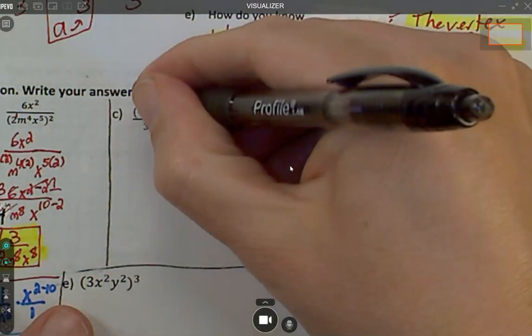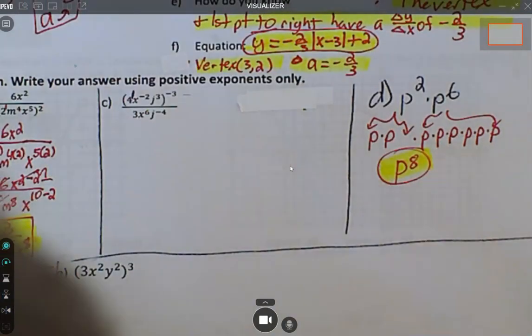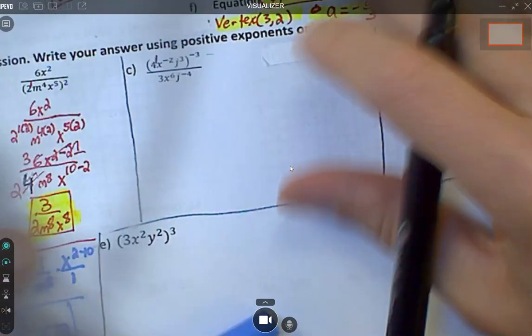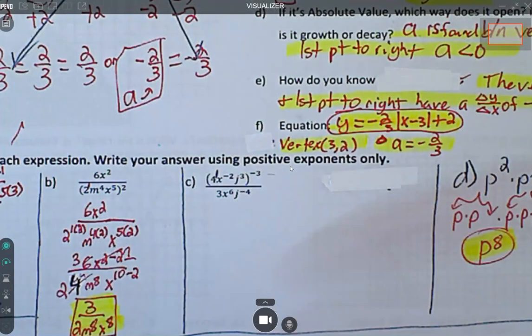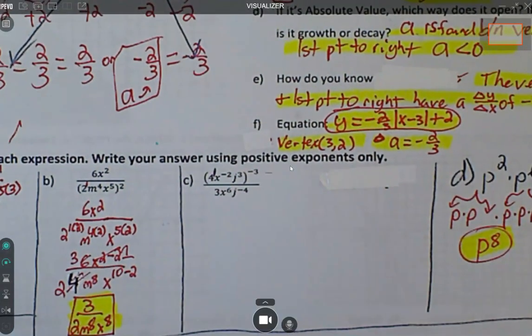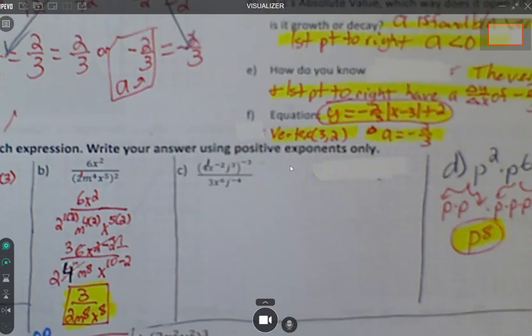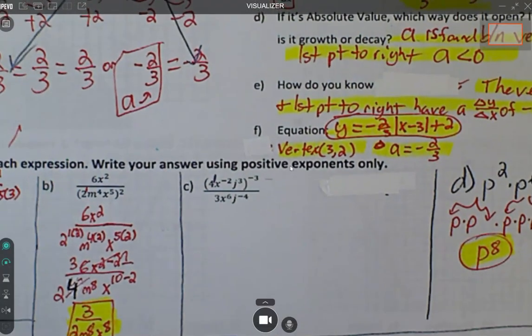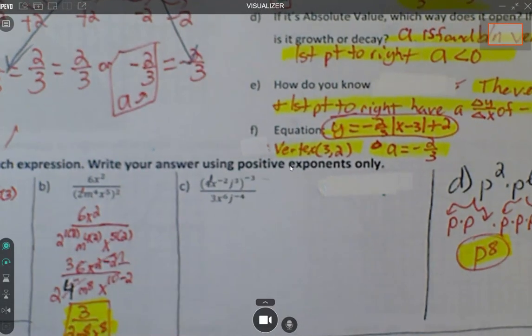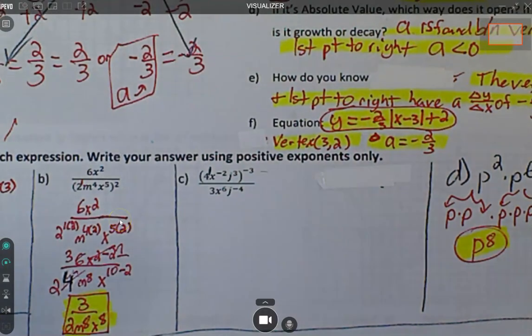That's 4 to the first. Okay, so let me work on it, it's blurry. That got worse. Pause it. I showed too many steps.